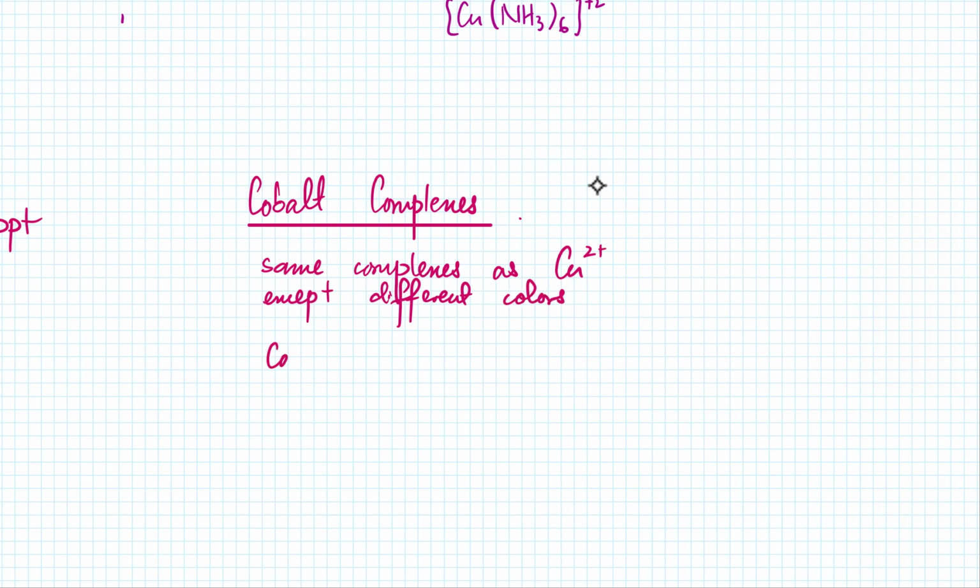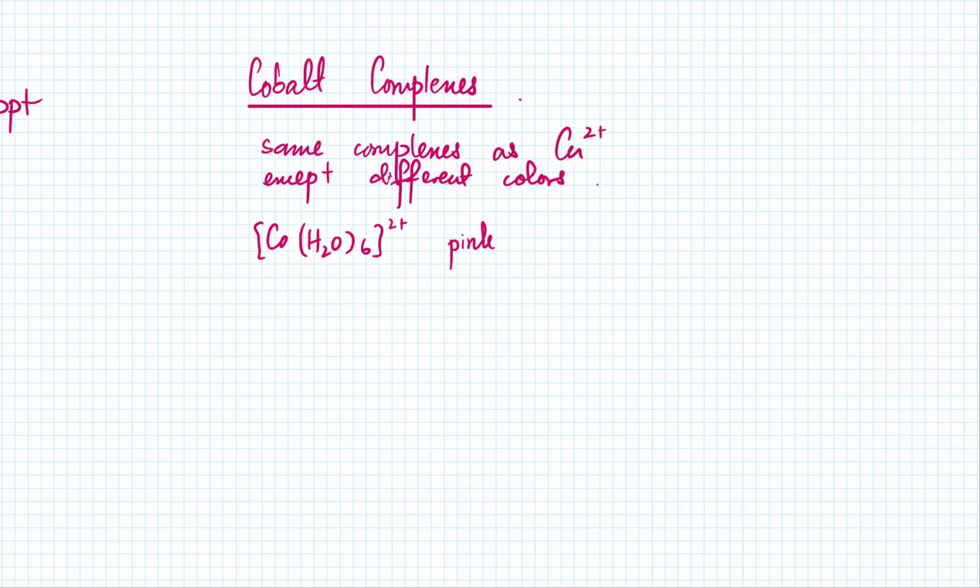So starting with the first one, cobalt with water, when you add water to cobalt, it's pink in color. Then you have cobalt with ammonia. That's 2 plus, that's brown in color. Then you have cobalt with Cl.